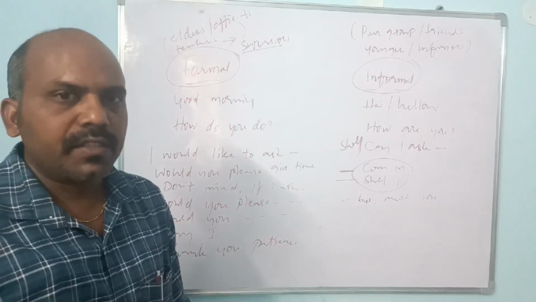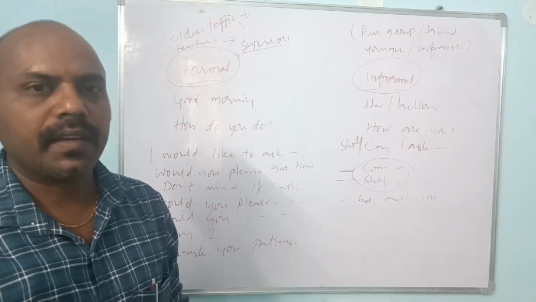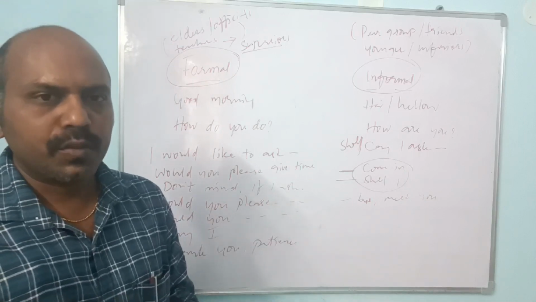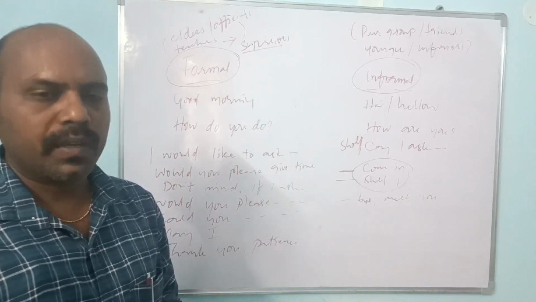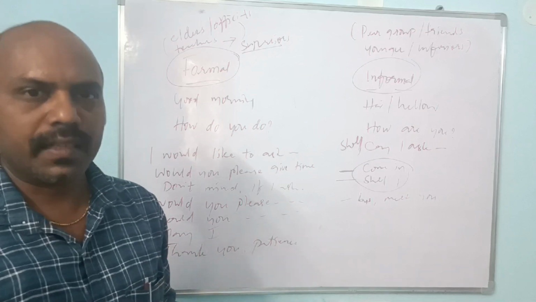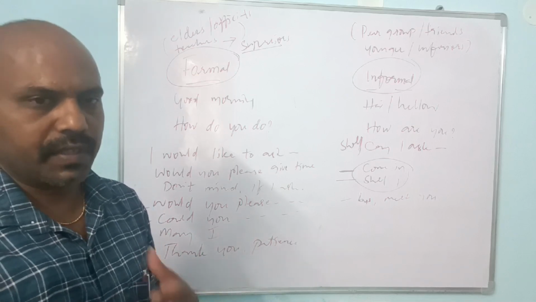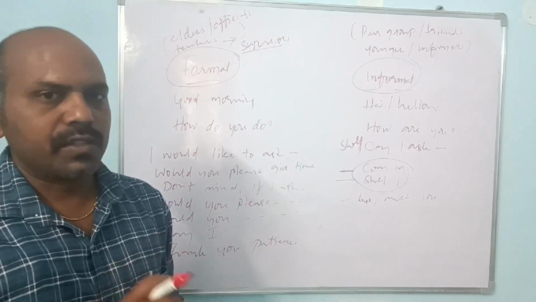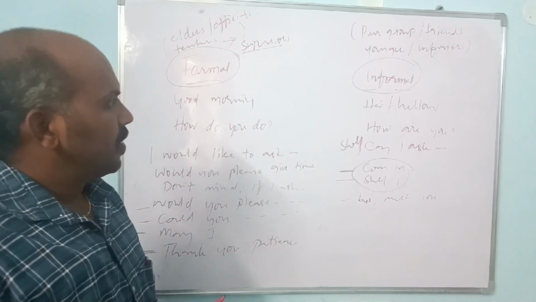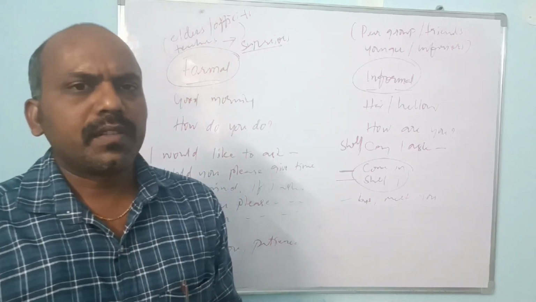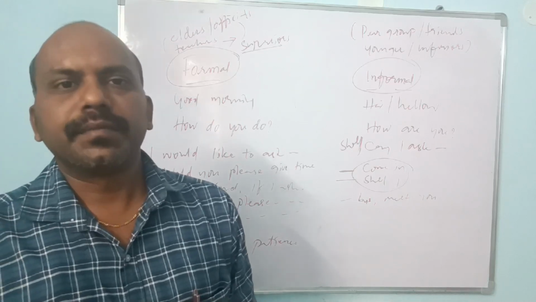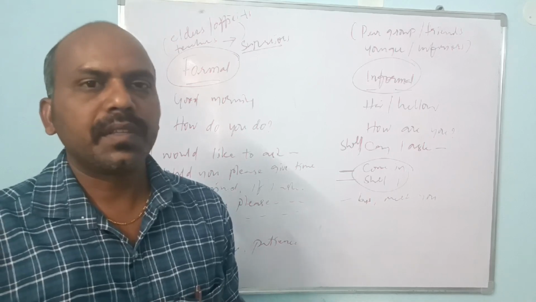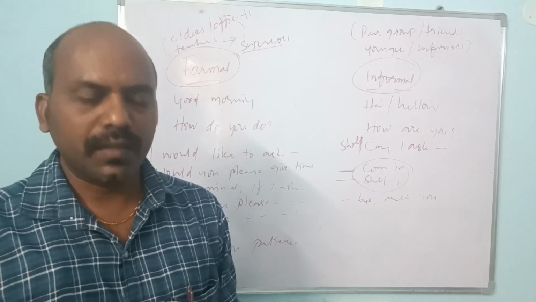There are two languages: one for friends and one for officials. That was the only intention of this video. There are different expressions, depending on the person we are going to meet, and we have to choose the language. So have a look at the remaining formal and informal expressions, and deal with a person in good language.